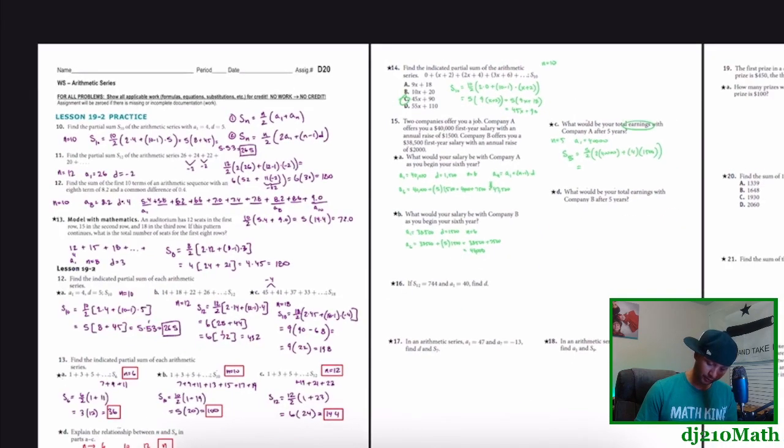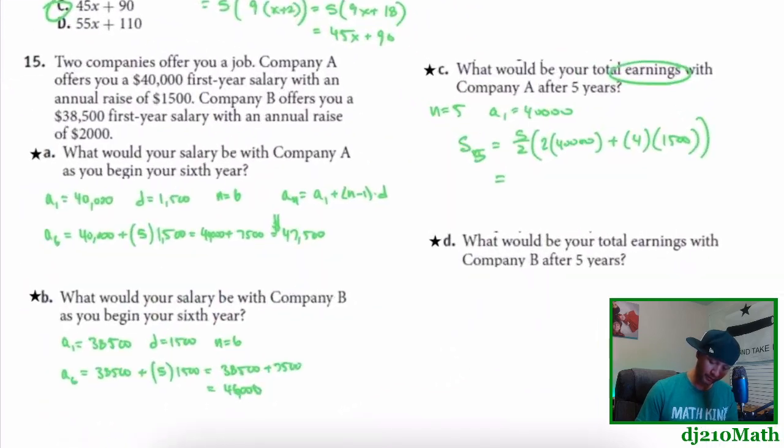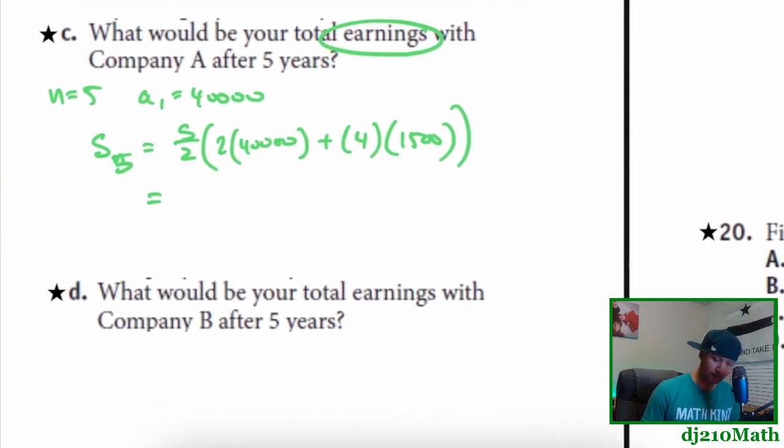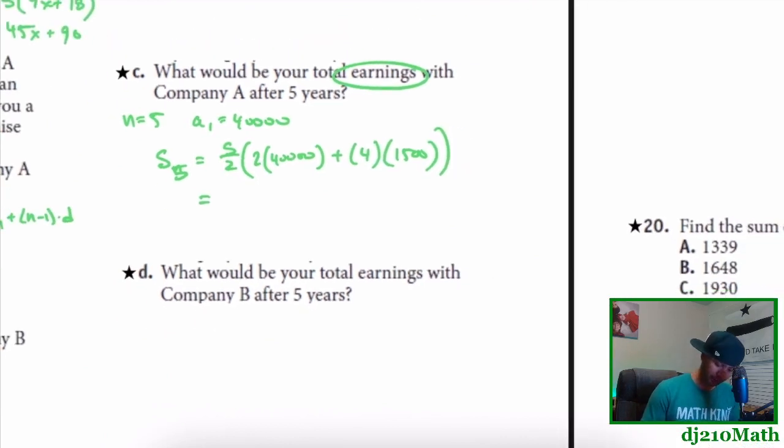This is going to be 5 halves times 80,000 plus 6,000. So 5 halves times 86,000.